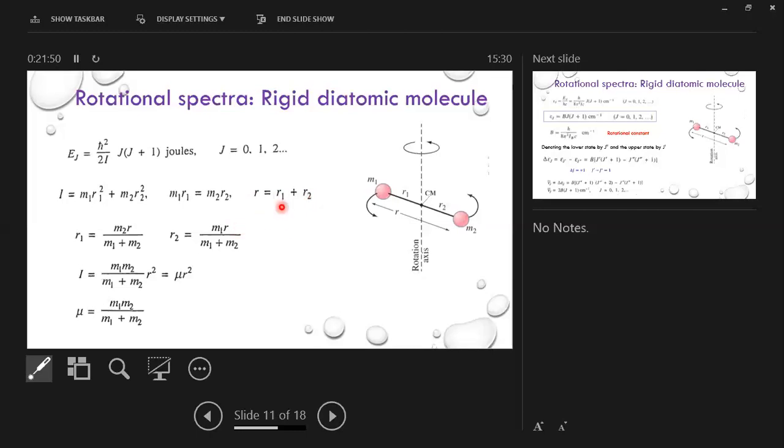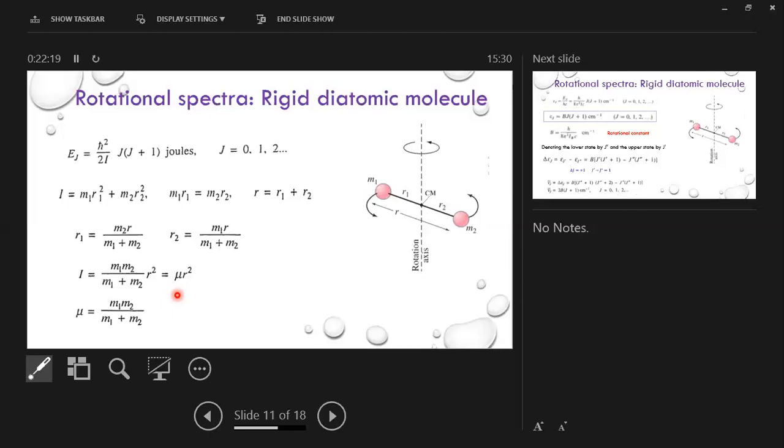If you substitute in this equation, you can find R1 and R2 in terms of the bond length R. And then you can find I equal to M1 M2 by M1 plus M2 into R square, that is mu into R square. This mu, M1 M2 by M1 plus M2, is known as the reduced mass of the system.